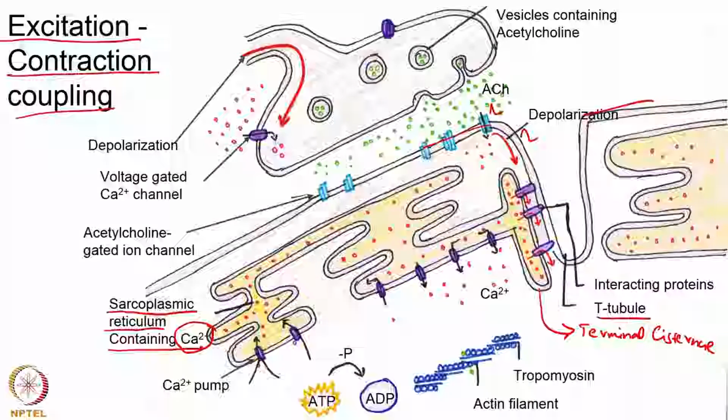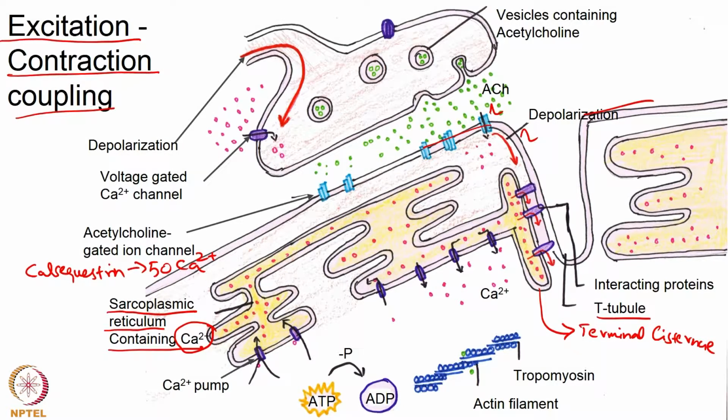Calsequestrin is capable of attracting up to 50 calcium ions. Because of the special nature of calsequestrin, the sarcoplasmic reticulum stores a very large amount of calcium, and its terminal cisternae are close to the T tubule.